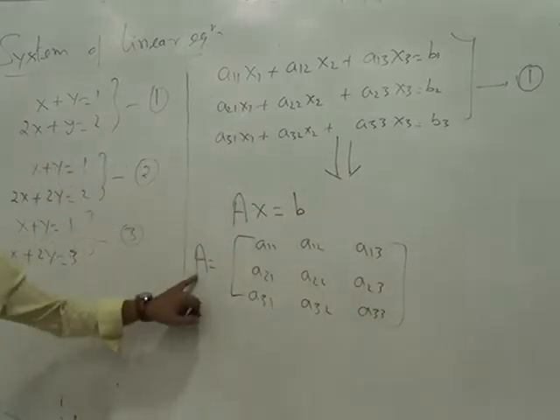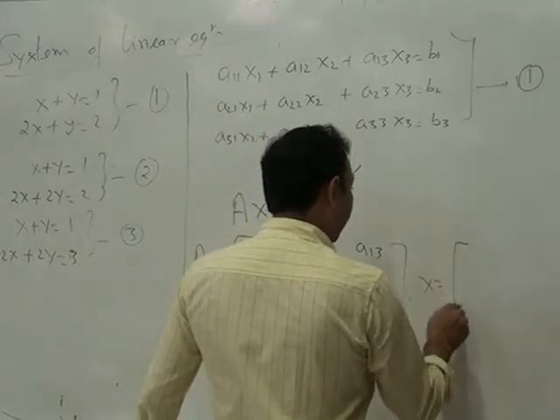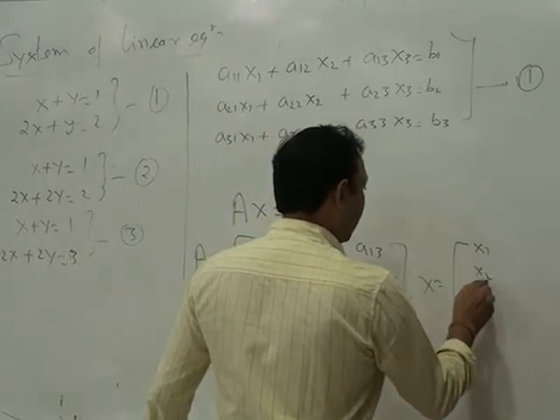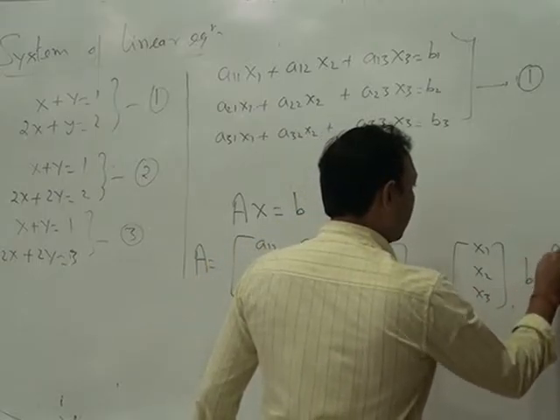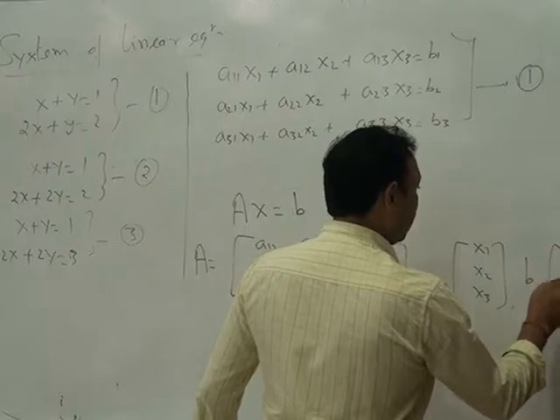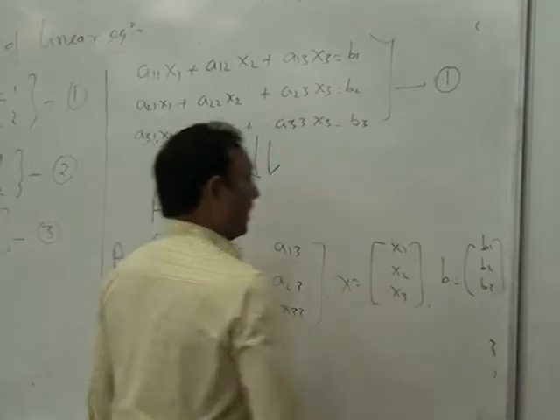This is what your A is, correct? What is your x? Tell me. x1, x2, x3, and b is b1, b2, b3, correct? This one.